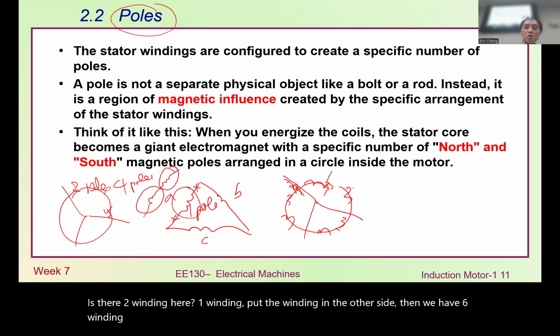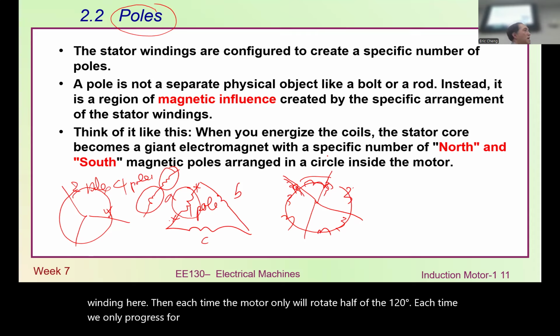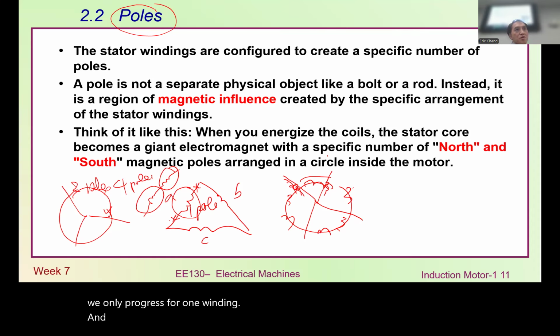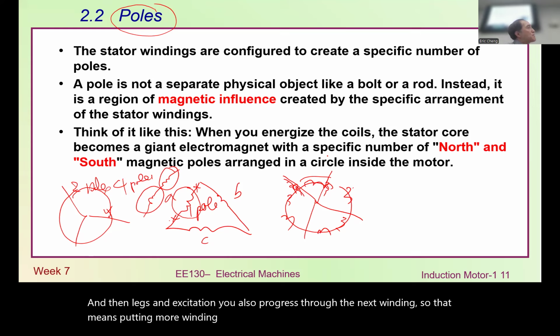Then each time the motor only will rotate half of the 120 degrees. Each time we only progress by one winding, and then the next excitation progresses to the next winding. So that means putting more windings there, we are able to make the motor rotate slower.